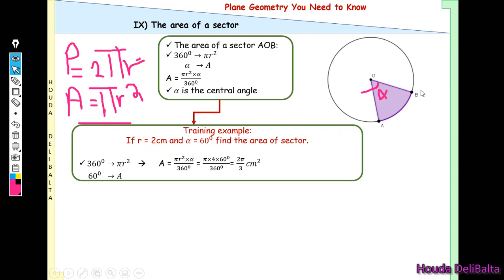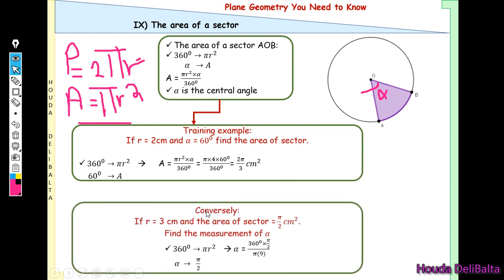If the radius of this circle is equal to 2 centimeters, and the given alpha is 60 degrees, and we have to find the area of that sector AOB, again we use this property, we cross multiply, so the area equals pi r squared, means pi times 2 squared, which is 4, times 60 divided by 360, and the final result is 2 pi over 3 centimeters squared, because the area is measured in centimeters squared or meters squared or whatever, according to the radius. If the radius is in centimeter, then the area is in centimeter squared.